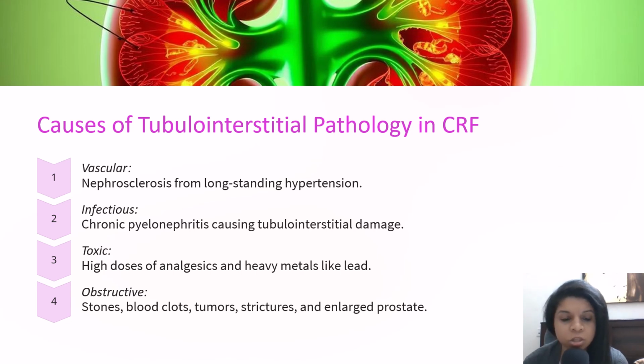Imagine a tumor or stone or something is present in the ureter or urinary bladder. It will obstruct the pathway of urine. Now urine will get accumulated and the kidney will start getting enlarged because the renal pelvis will get enlarged and dilated. You know that urine is coming from the nephron to the collecting duct to the renal pelvis.